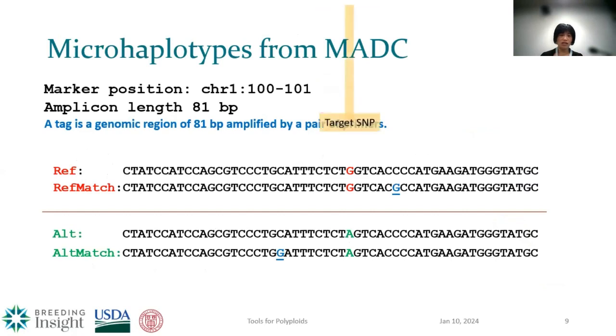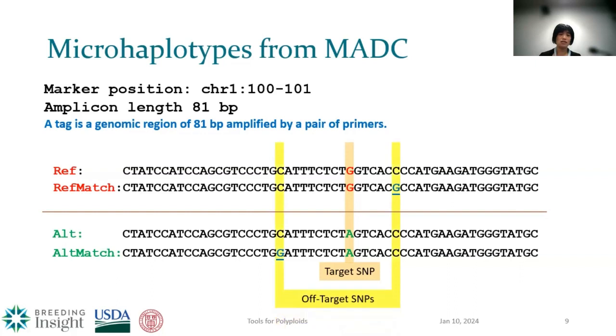As you can see, the red is the target SNP, from the reference and alternative allele. But in addition, you also get some off-target SNPs. Now you have different combinations of these target and off-target SNPs, so you can have more confidence when you do the genotype analysis.